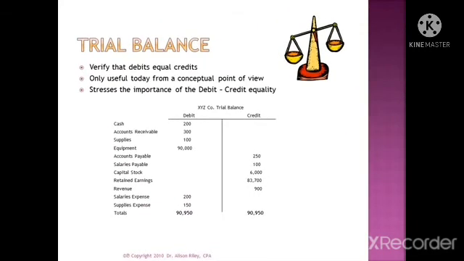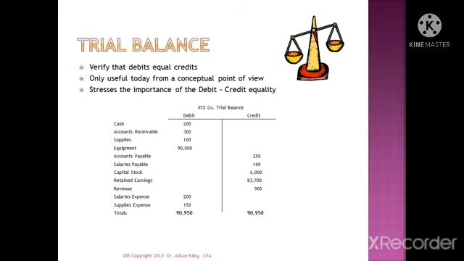Trial balances are tools used in manual accounting information systems to help us periodically verify that the total of our debit entries to our accounts equals the total of our credit entries. By listing our debit account balances in a column to the left and our credit account balances in a column to the right and totaling each column, it's relatively easy to check that they are equal, or should I say, they balance.